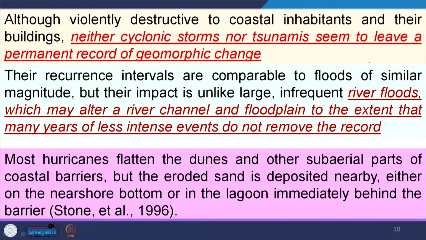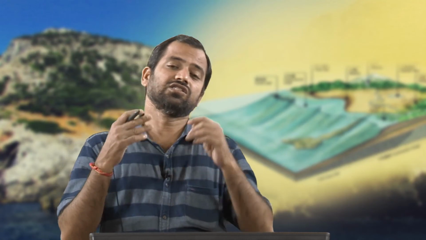However, records left by the normal waves along the coastal zone remain relatively permanent as compared to tsunamis. Tsunami records are preserved within the sediments, but their geomorphic changes are not permanent.